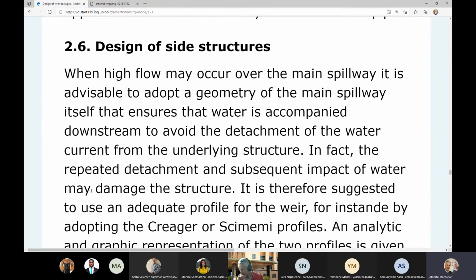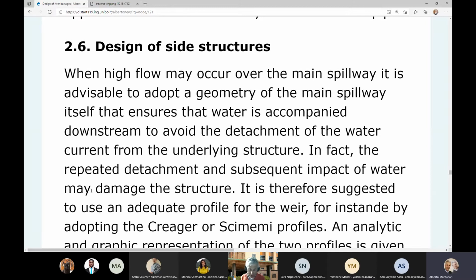Side structures, I mean, in this case, particularly the main spillway. When I say side structures here, I don't mean structures that are placed into the sides, but structures that are not directly related to the water withdrawal and water supply.